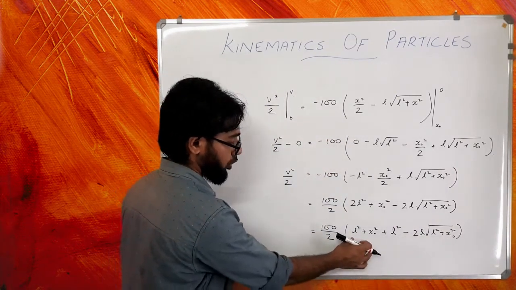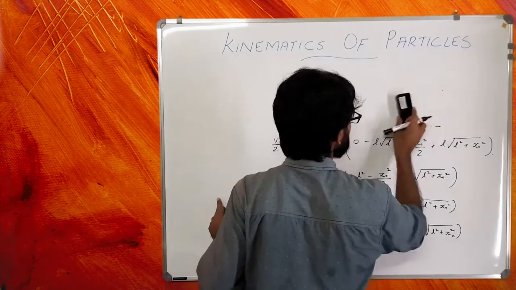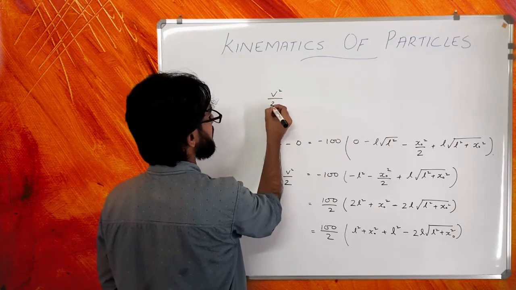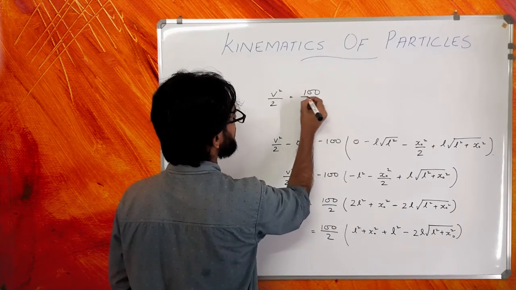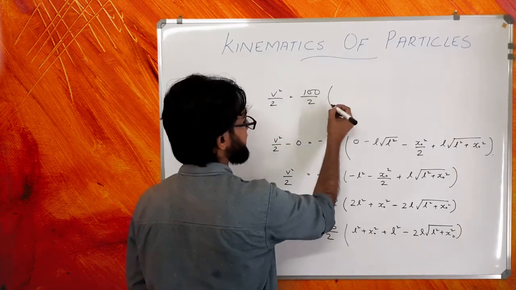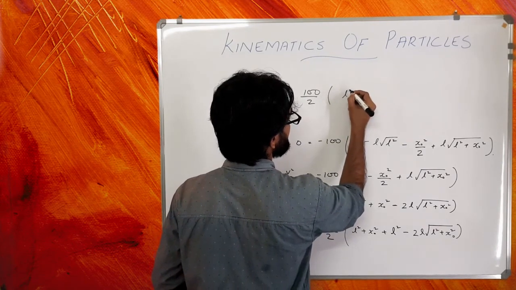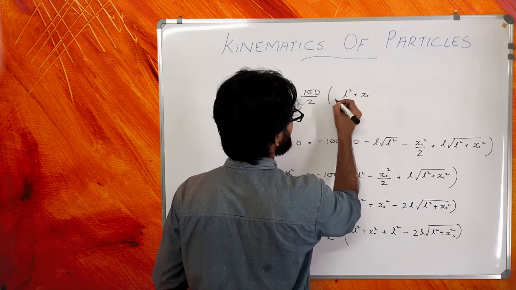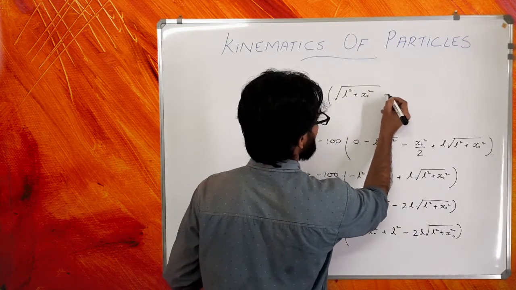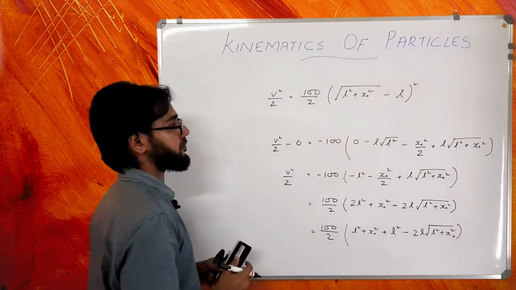If you look at this closely, this entire term within the brackets I can rewrite as root of L square plus x0 square minus L, the whole square.